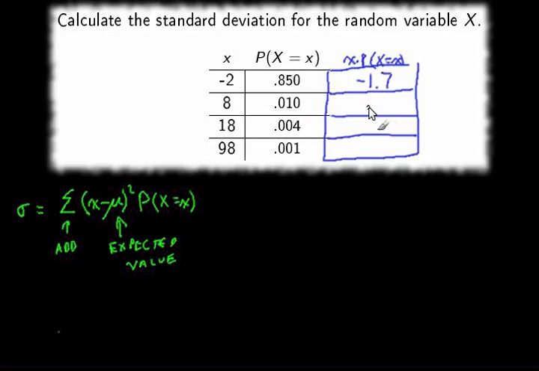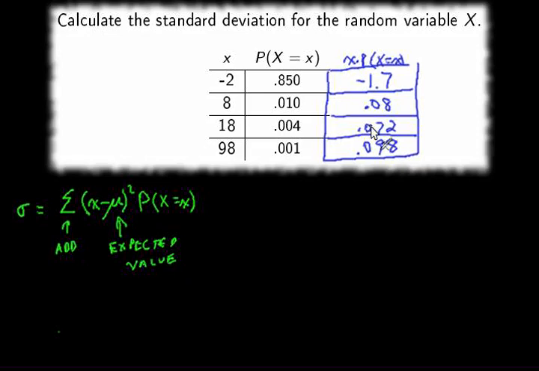8 times 0.01 is 0.08. 18 times 0.004 is 0.072. And 98 times 0.01 is 0.098.